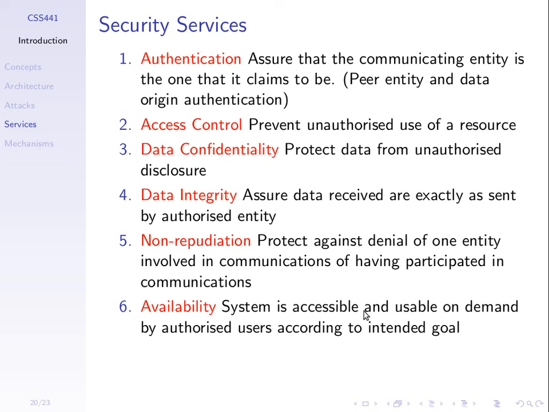Different computer networks and computer systems may have different focuses on these services. You may not care about all of them, but in general we need mechanisms to provide or implement those 6 security services.